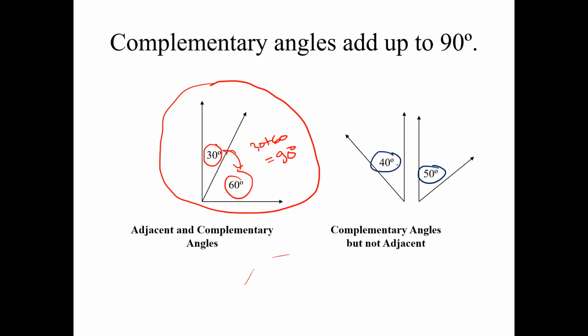But if we add these two angles, 40 plus 50 equals exactly 90 degrees. So these two angles are complementary angles. Remember that complementary angles need to have more than one angle, like 40 and 50, or 30 and 60, or maybe 89 and 1, because they add up to 90 degrees. So it needs to have pairs. These two are pairs of complementary angles.